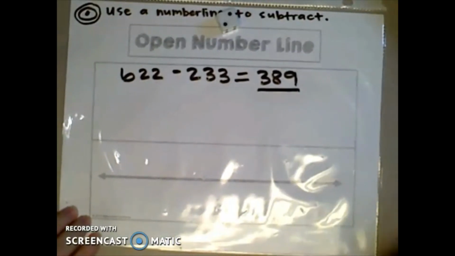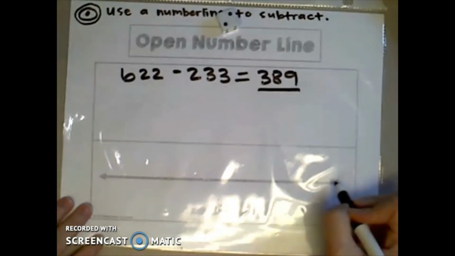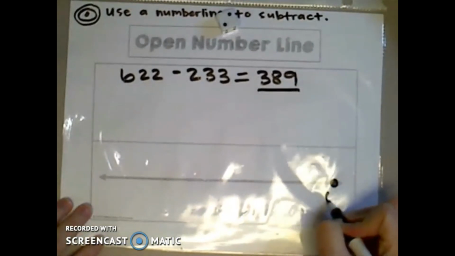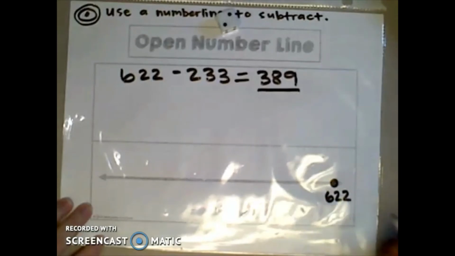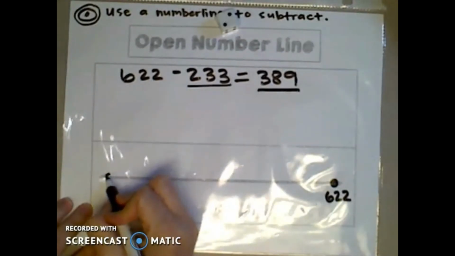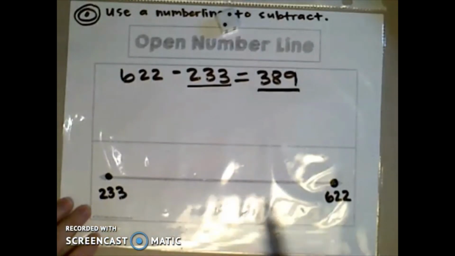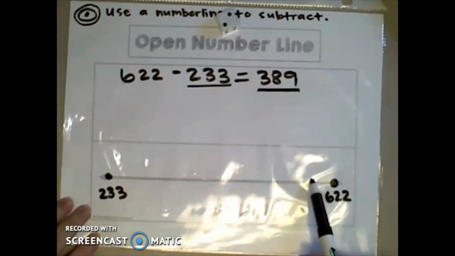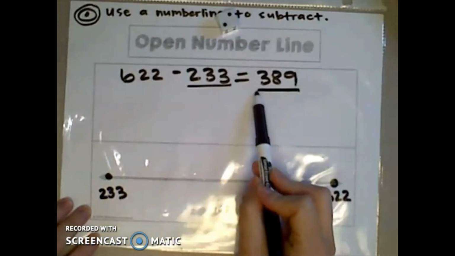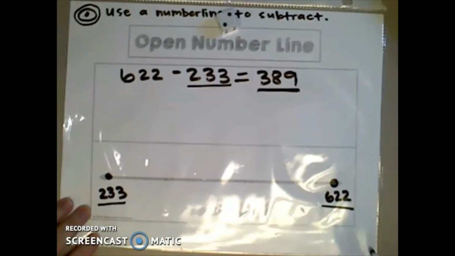Now, let's use the counting up strategy using a number line to see if we still get the same answer. To do that, we're going to place 622 on our number line and then also 233. And we are going to hop up and see if we get 389 points away from 233 to 622.